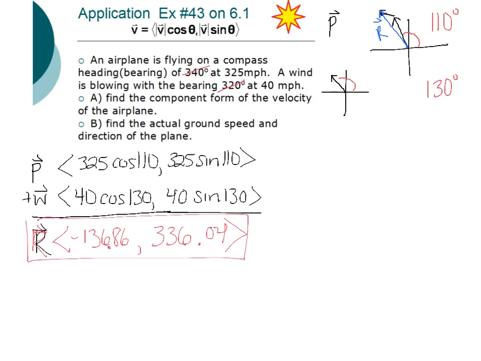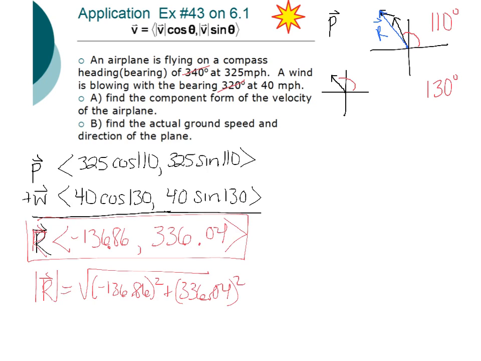Well, the actual ground speed is this speed measurement that is our magnitude. We need to find the magnitude of our new vector. Well, we can do that. The magnitude is just going to be the square root of the negative 136.86 squared plus the 336.04 squared.